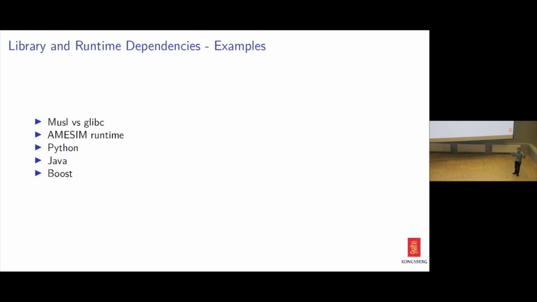AimSim is a simulation tool that exports FMUs, but it comes with lots of dependencies. In addition, maybe you have an FMU that uses Python, then you need Python installed. Maybe you have one using Java, then you need Java installed. And Boost is a very well-known C++ library that I've used myself in FMUs and I've seen others use as well.